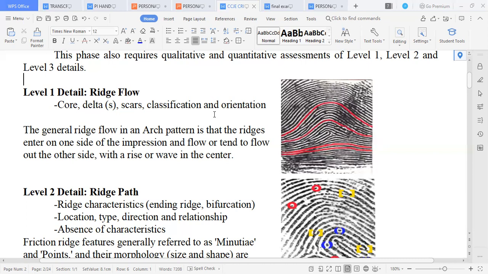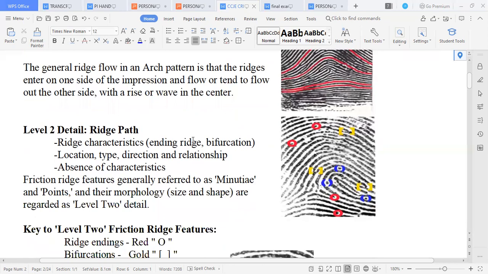Aside from that, in level 2, we consider the ridge path. Under this level, we give emphasis on the presence of ridge characteristics. What is the other term for ridge characteristics? Do you still recall? You might be thinking about minutiae, or what we call Galton's details.